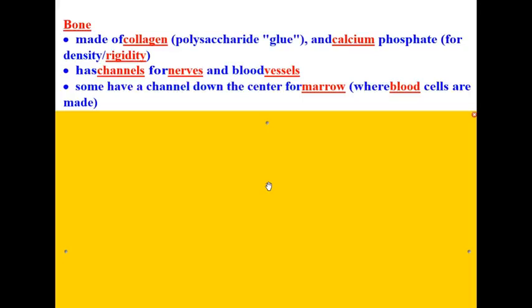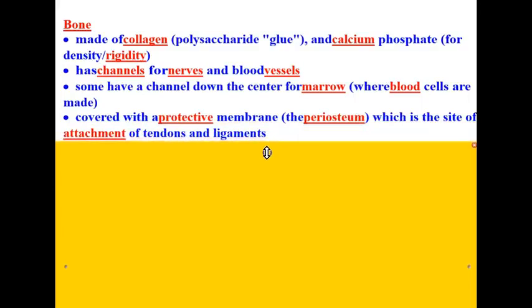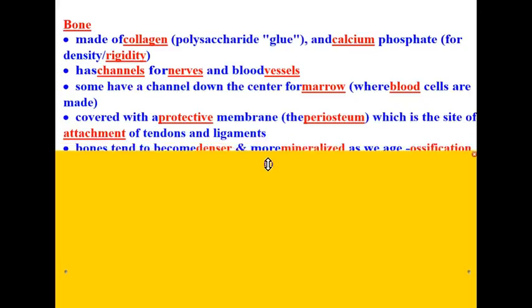A lot of people have the misconception that your bones are dead. That's not true, though it's what remains after you're dead, after the rest of you gets rotten and eaten away. Your bones are very much alive. They are covered with a protective membrane called the periosteum, which is the site of attachment of tendons and ligaments.